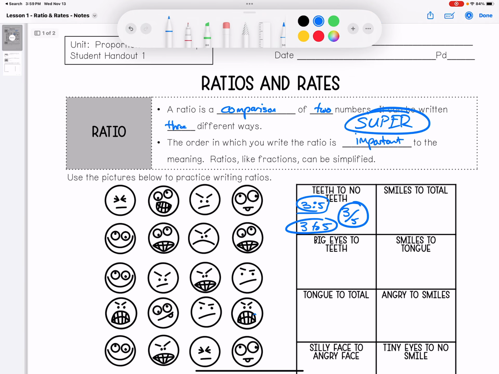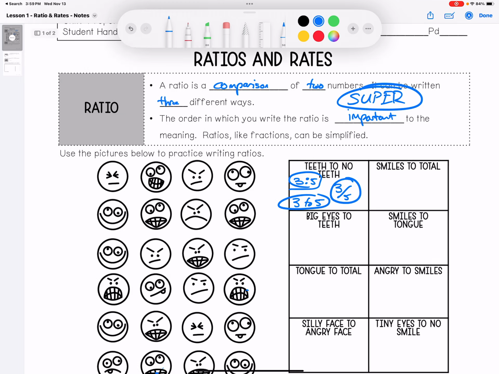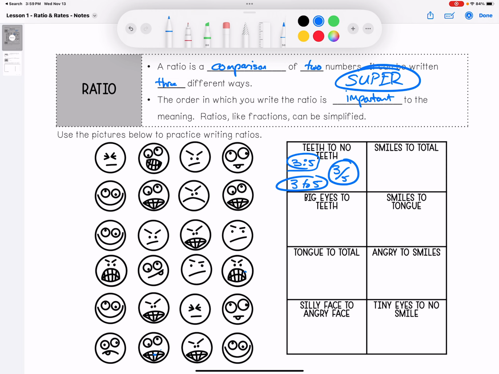All right, next we have smiles to total. You count the smiles and the total, and let's see if we get the same thing. I count 4 smiles, and I count 24 total.